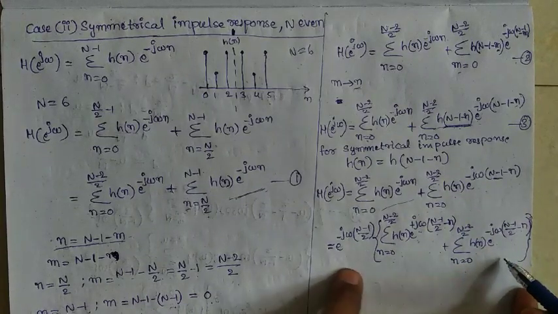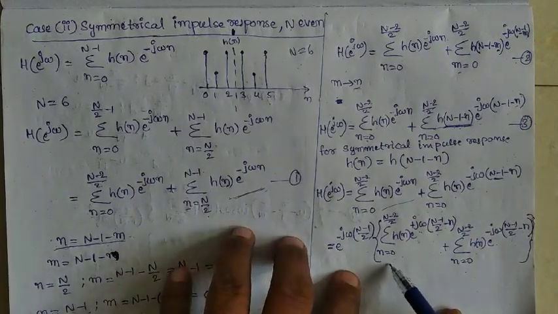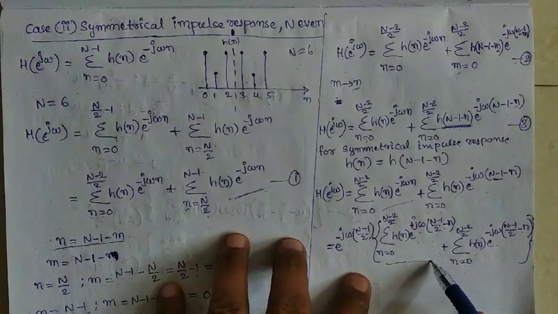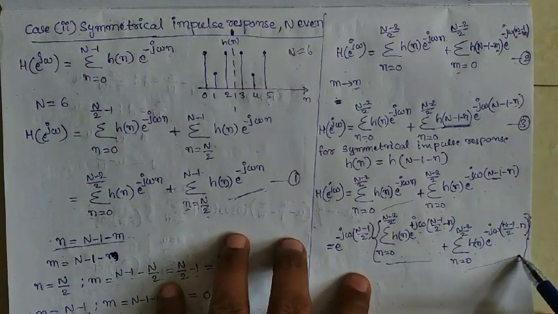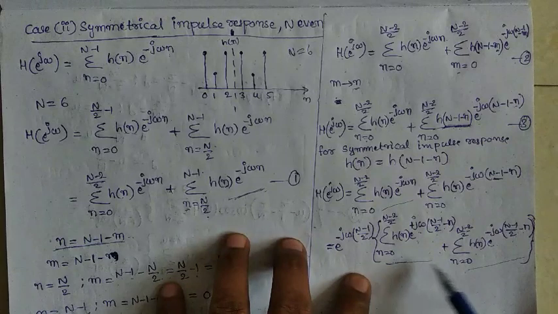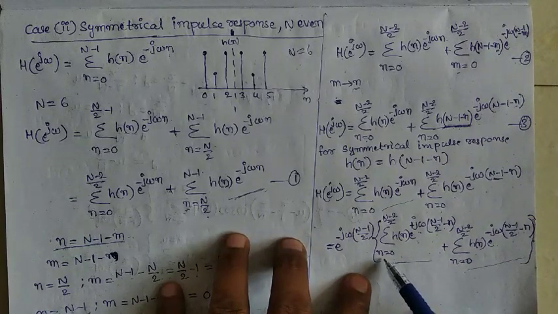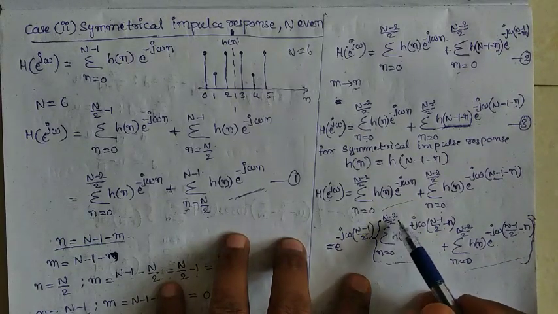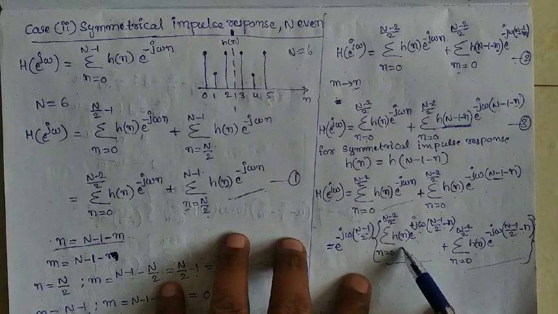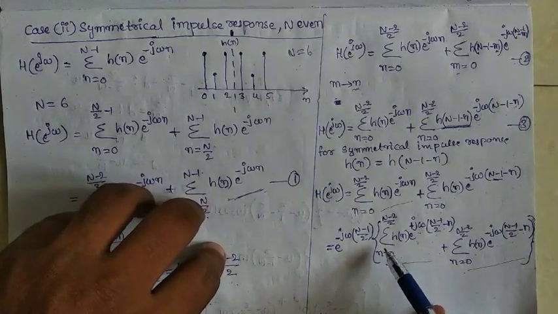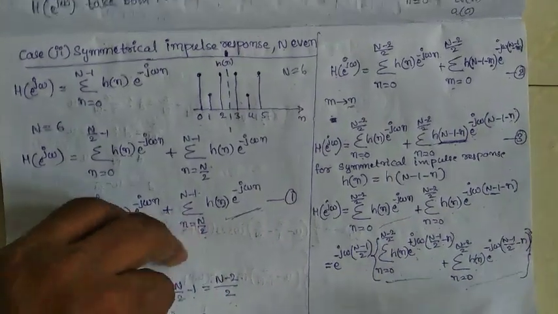Here in these two summations I am taking the common term. What is the common term in the two terms? Summation n is equal to 0 to capital N minus 2 by 2 h of n. I am taking it common.